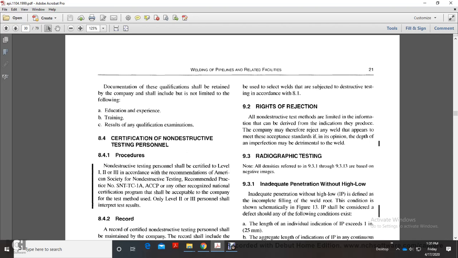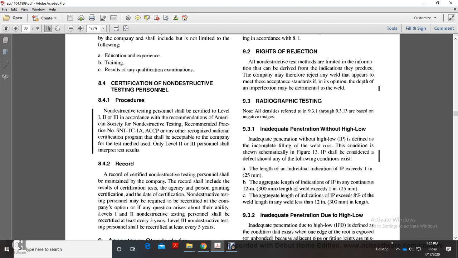9.3 Radiographic testing. Note: all densities referred to in 9.3 through 9.13 are based on negative images. 9.3.1 Inadequate penetration without high-low. Inadequate penetration without high-low is defined as incomplete filling of the weld root. The condition is shown schematically in Figure 13.